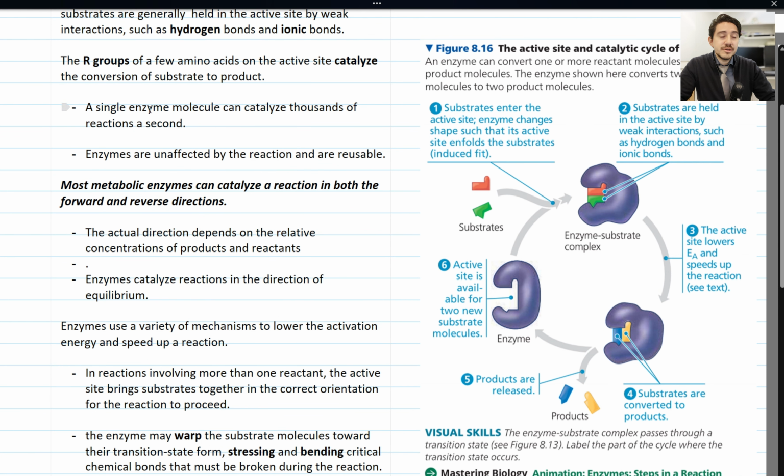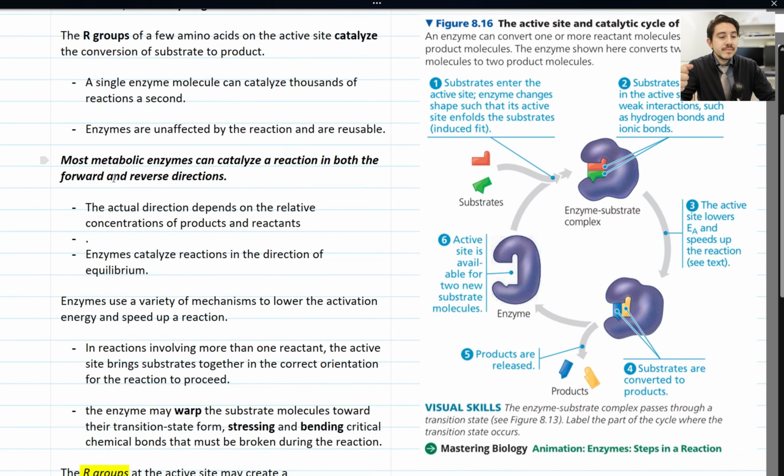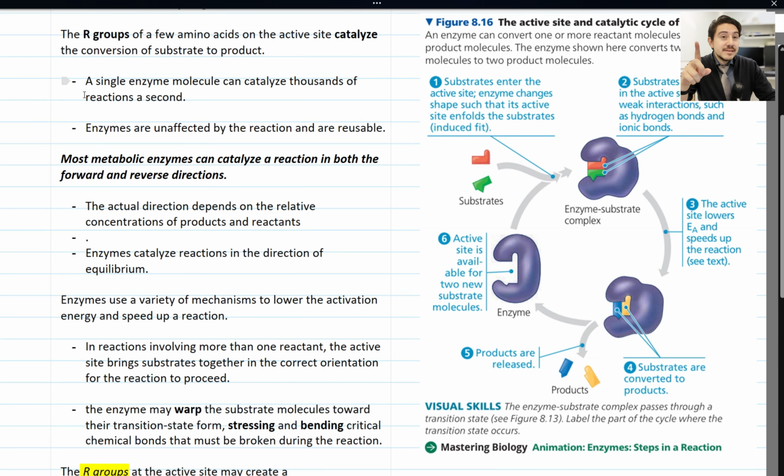And the R groups of those amino acids in the active site will help in the catalysis of substrate to product. So a single enzyme can catalyze thousands of reactions a second. Again, as I mentioned before, enzymes are unaffected by the reactions, meaning they're reusable. They can be used many, many times.